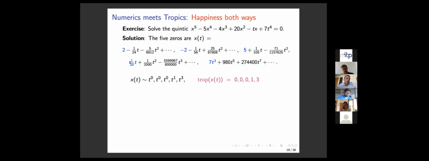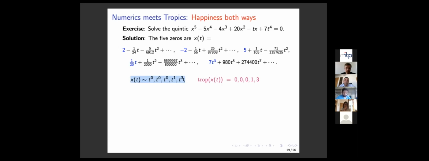There's one solution that is linear in t, lowest term is of order 1. And finally, there's one solution of order 3 that starts like this, 7t cubed plus 982 t to the 5th, and so on.